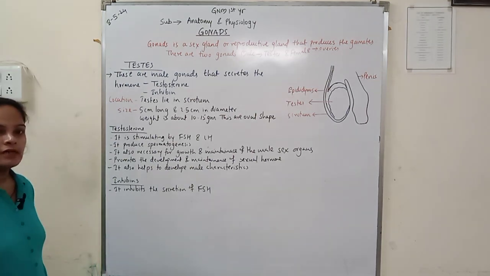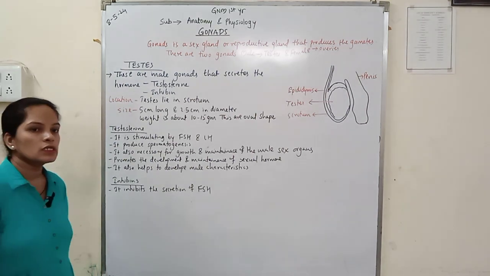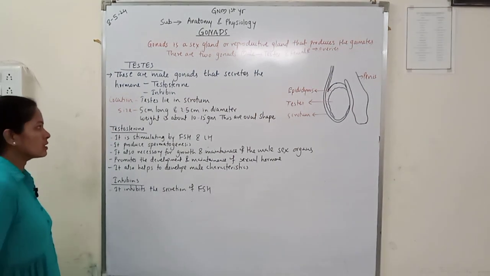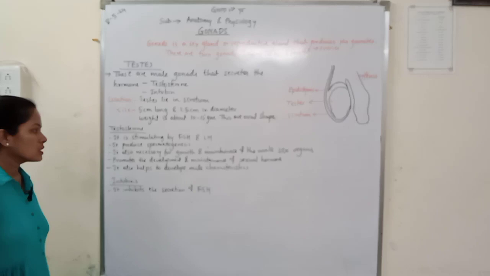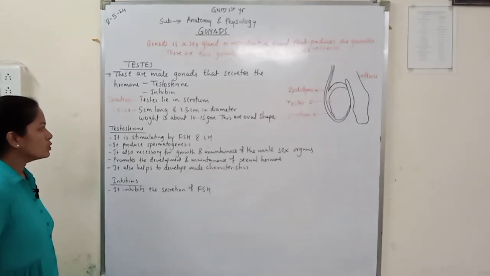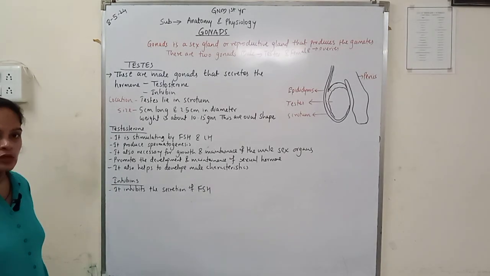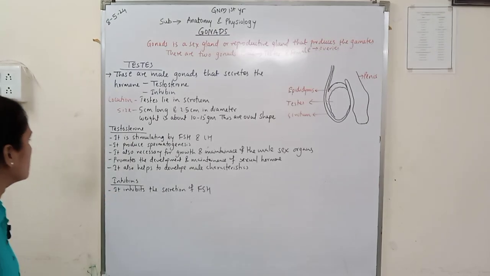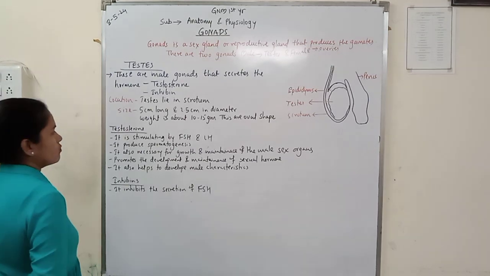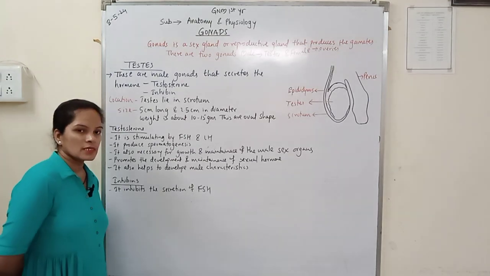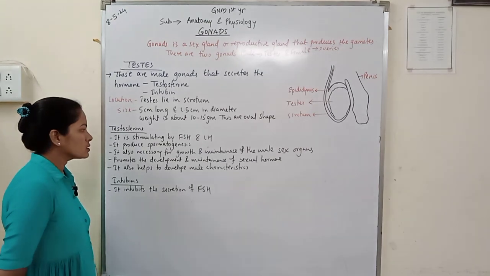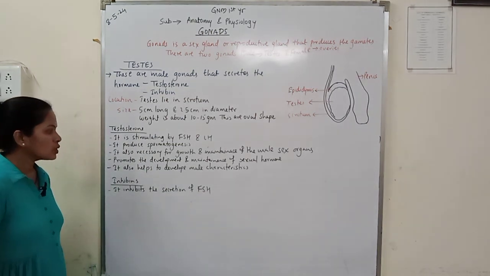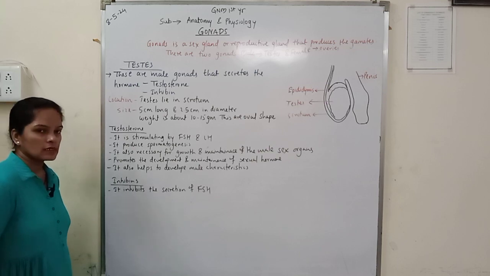It is stimulated by FSH and LH, that is follicle stimulating hormone and luteinizing hormone, stimulate करके ये हार्मोन सिक्रेट होता है. ओके, it produces spermatogenesis. ये क्या करता है? स्पर्मेटोजेनेसिस मतलब स्पर्म प्रोड्यूस करता है. ओके, it is also necessary for the growth and maintenance of the male sex organs and promotes the development and maintenance of the sexual characteristics. It also helps to develop the male characteristics.